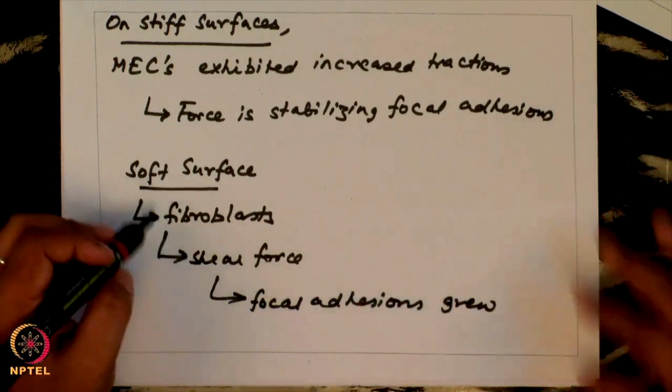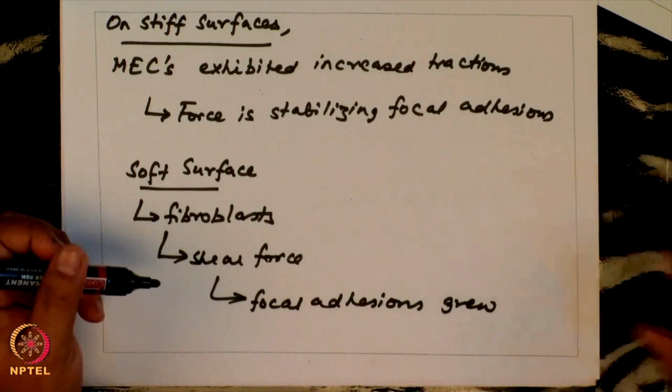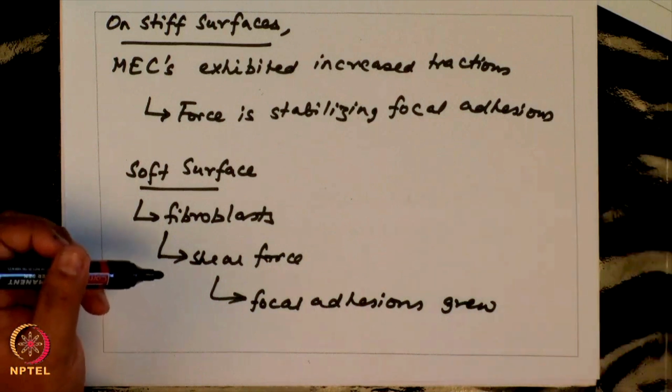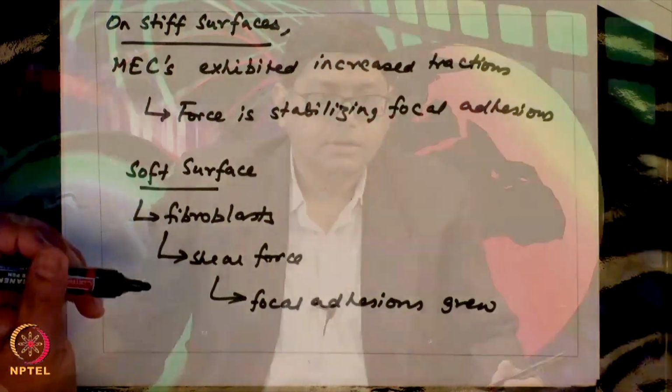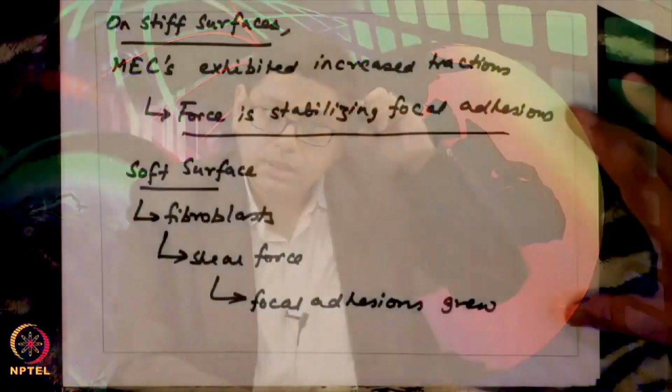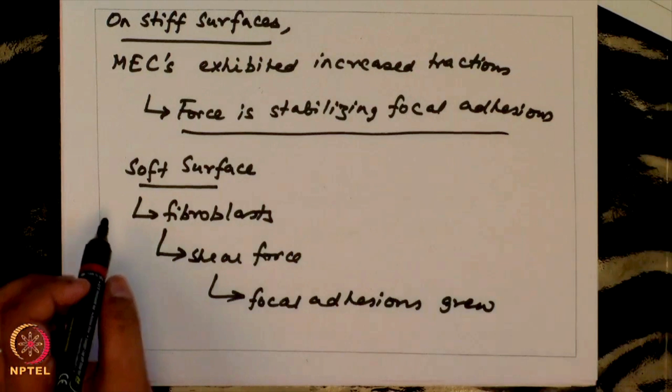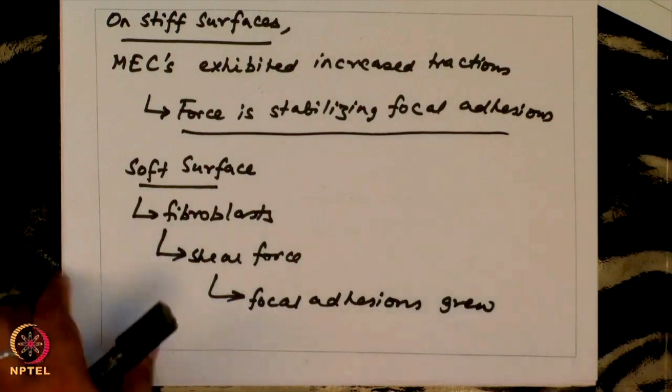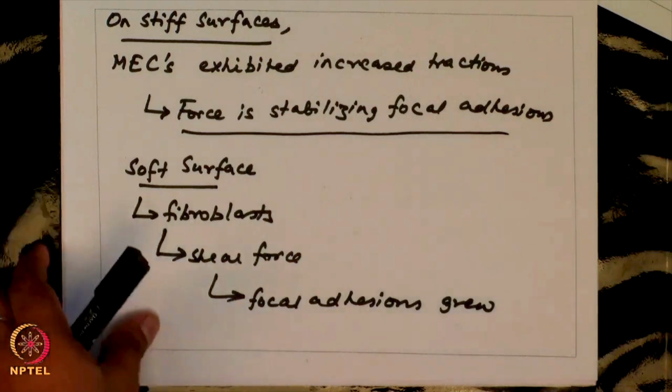Whenever you exert force, there was a growth of focal adhesion even on a soft surface. So, again what is clear is force promotes focal adhesion assembly and leads to integrin aggregation.